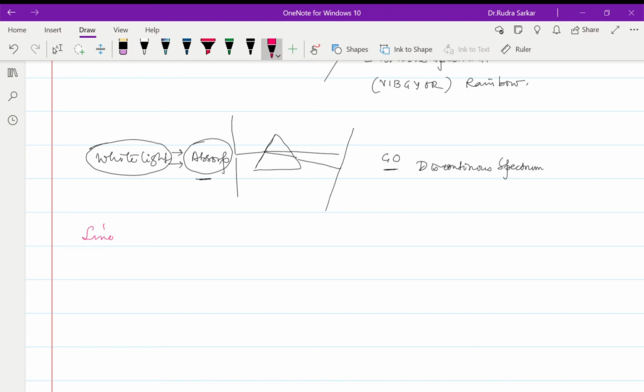Line spectrum for each element is different. So sometimes this can come as a statement, and you can be asked, is the line spectrum of each element different? You will say yes.